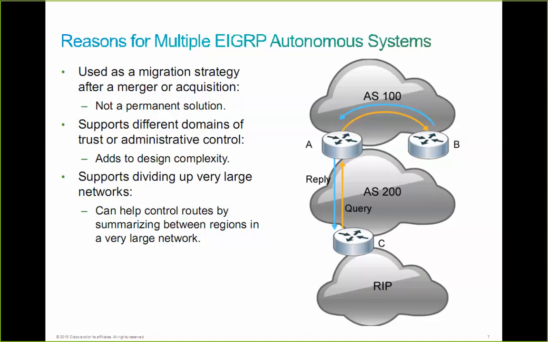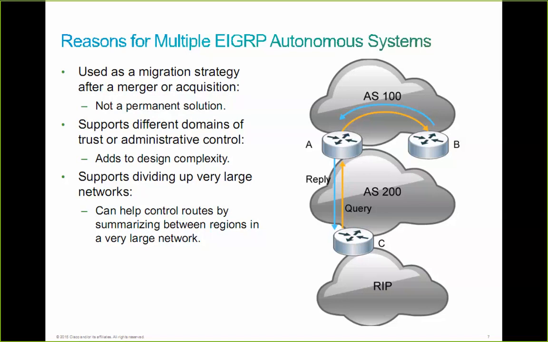What about different authentication or different administrators for different groups? Maybe it's not necessarily a merger of two companies. I saw this when I was working at NASA, you have an extranet. You're partnering with another company, you want to share some routes with that other company, but you don't want them to be part of your autonomous system.